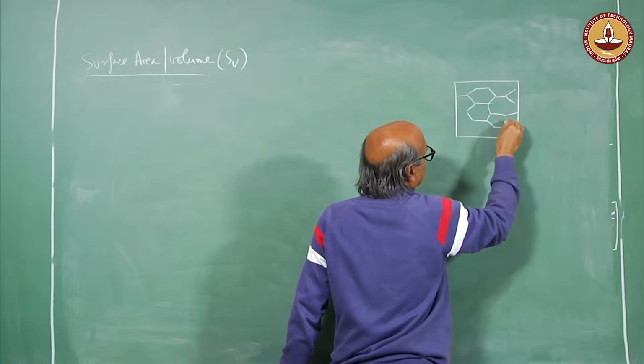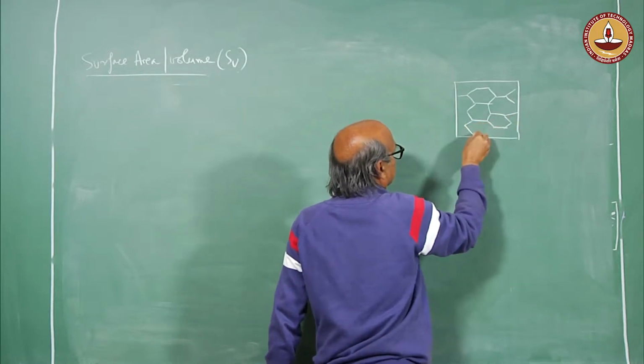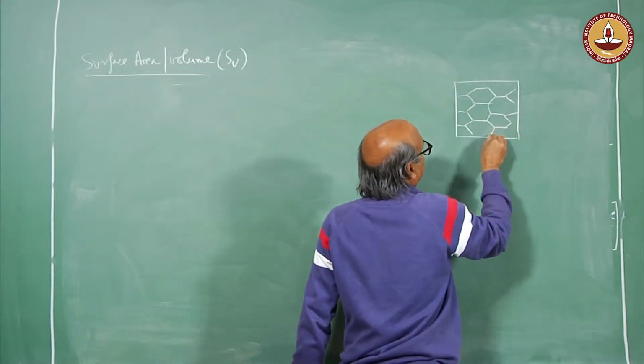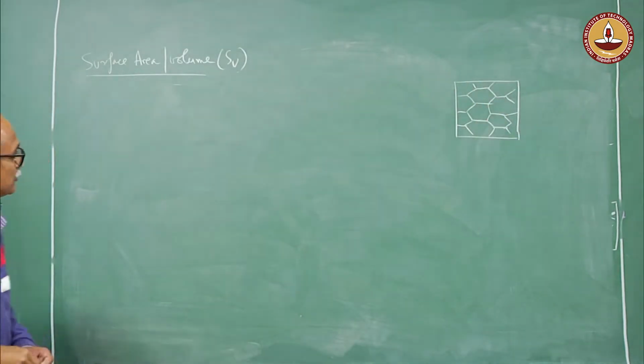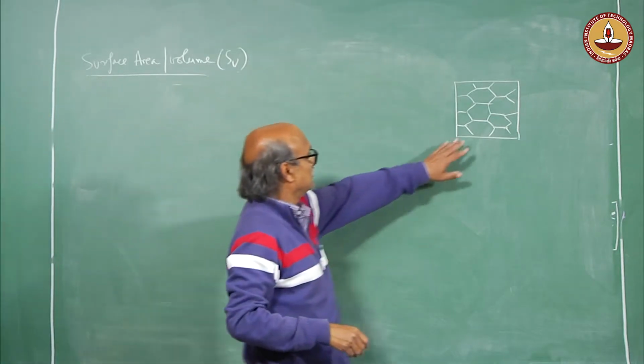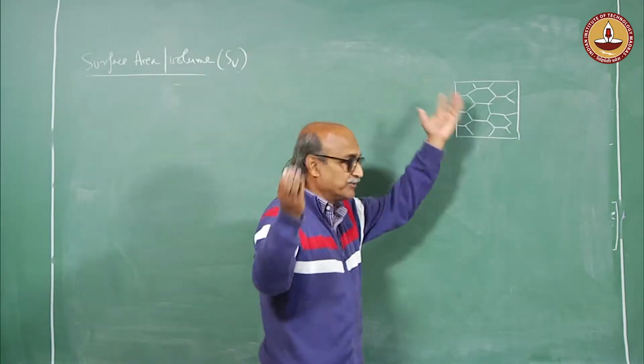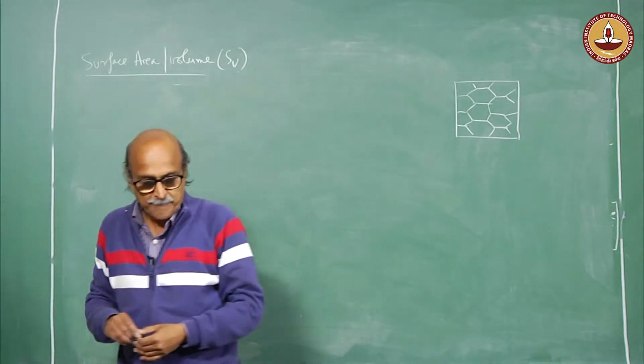Something like this, an illustrative sketch for a polycrystalline single phase microstructure. These are grain boundaries, the lines, and in the 3-dimensional structure it is surfaces.